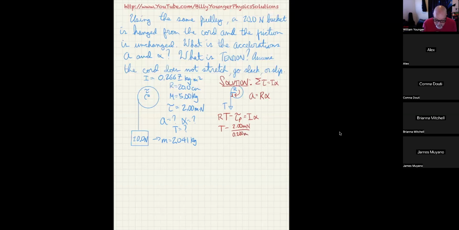That's the friction torque divided by radius R, is equal to 0.2667 kilogram meter squared over 0.200 meters times alpha. Okay.